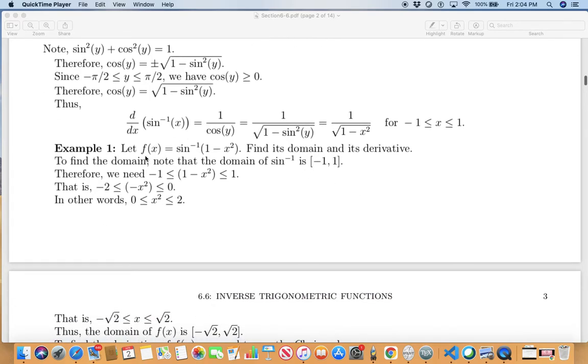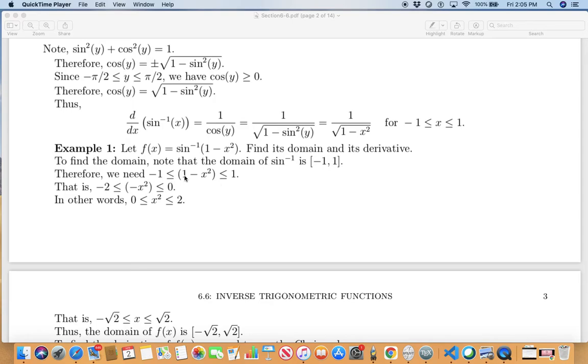So suppose my function f(x) is sine inverse of 1 minus x squared. That is, it is a composition of two functions, the arcsine, and this is a polynomial. Find its domain and its derivative. To find the domain, notice the domain of sine inverse is negative 1 to 1. In other words, 1 minus x squared has to be between negative 1 and 1.